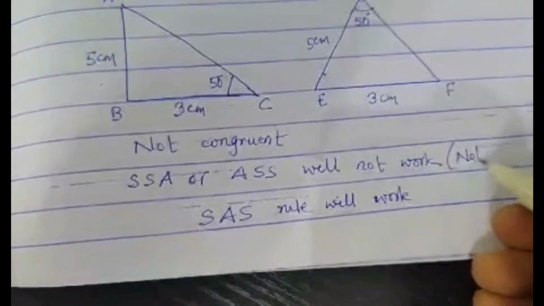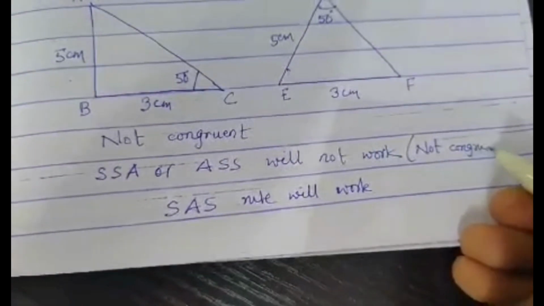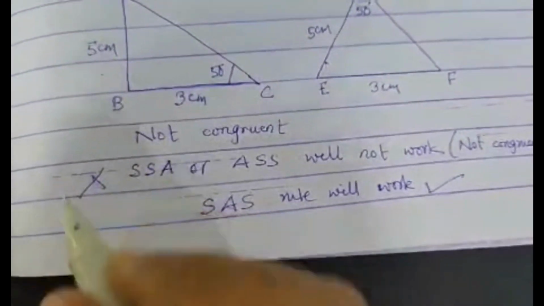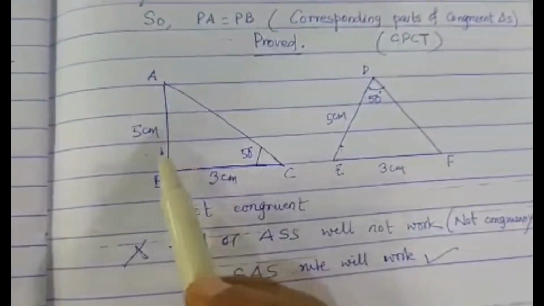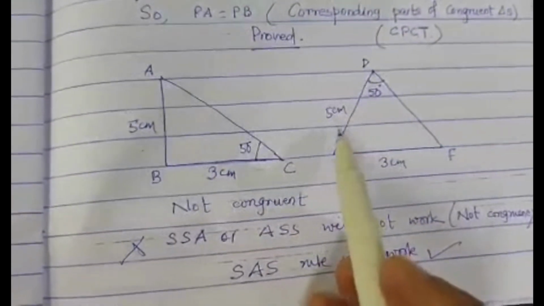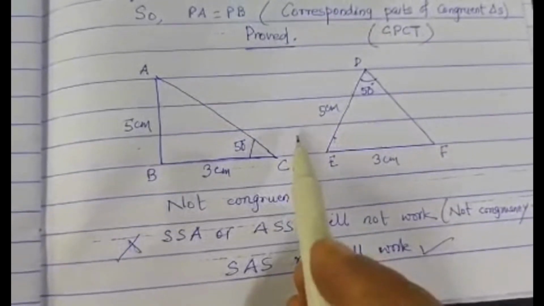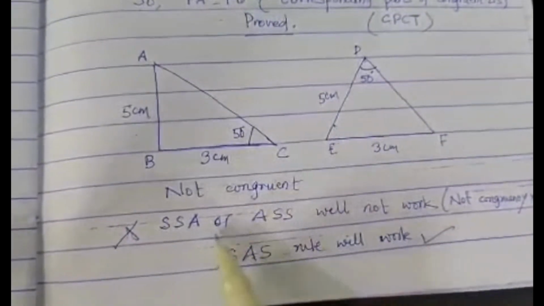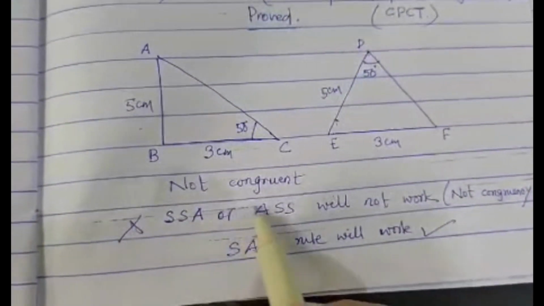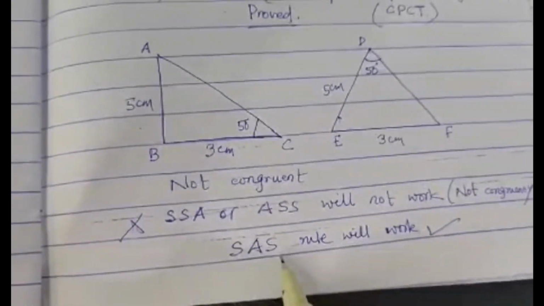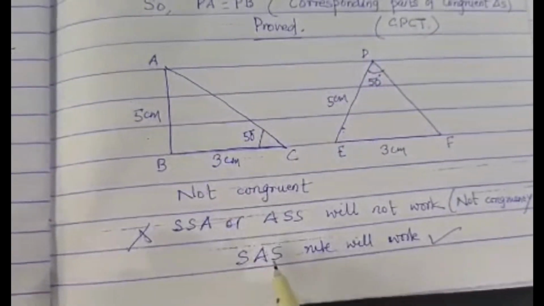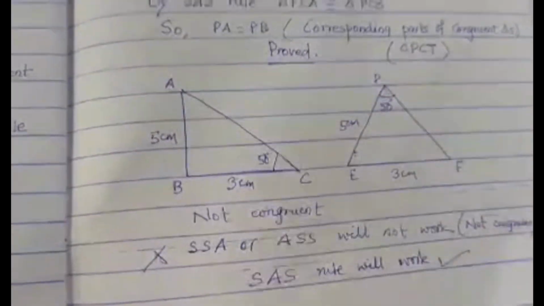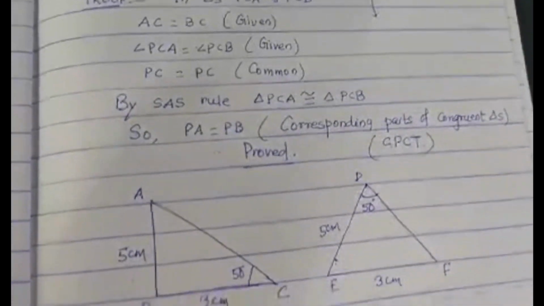By example I have shown you that SSA or ASS does not hold true. So no need to remember these things. Only SAS is the right rule. Now we will see some other rules.